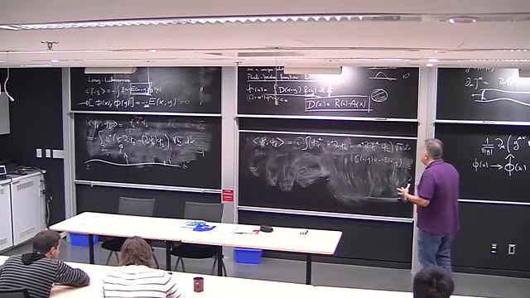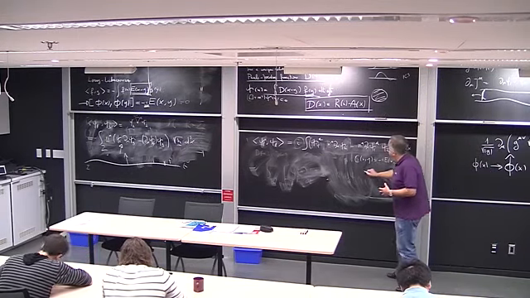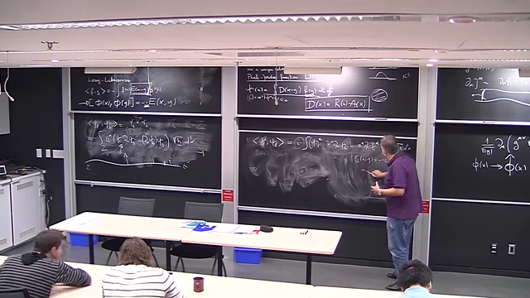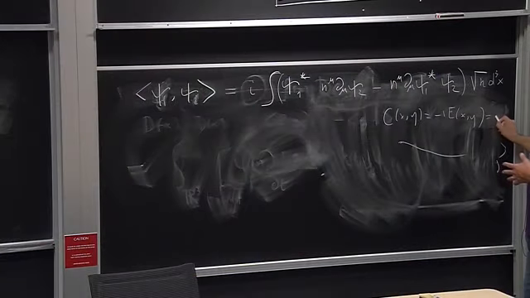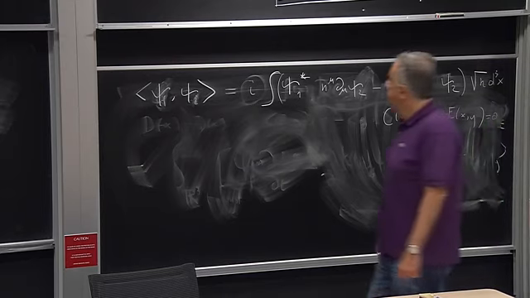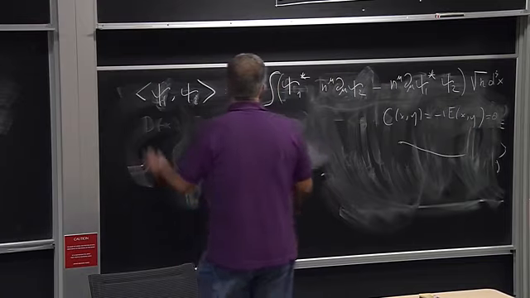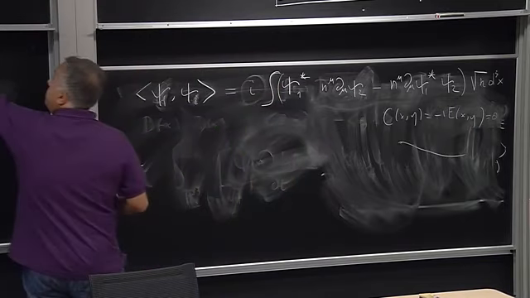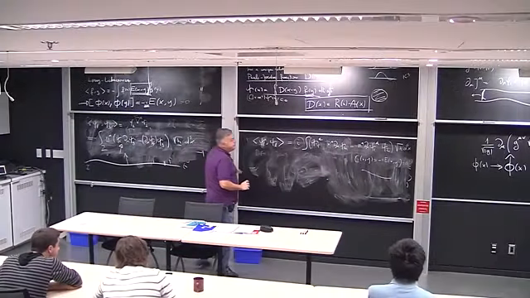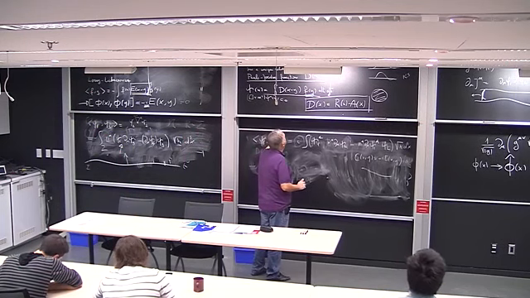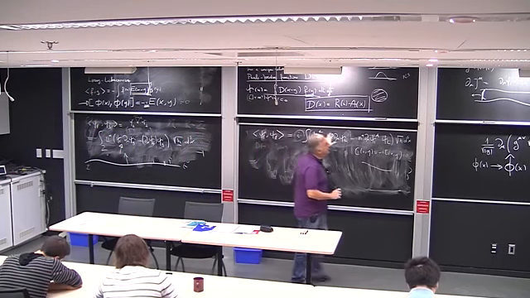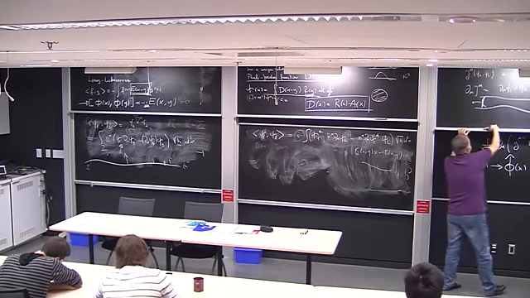It means that when you choose points that are space-like separated, this function vanishes. Okay, you can show. Suppose that... let me use this.